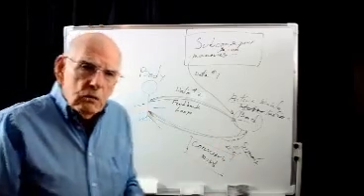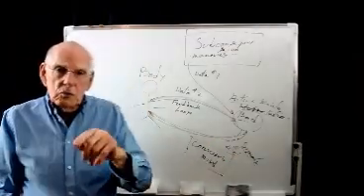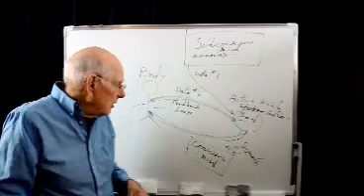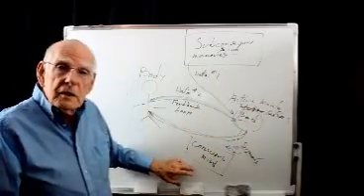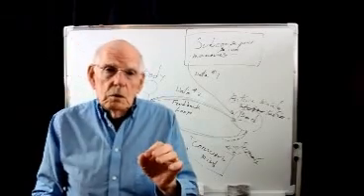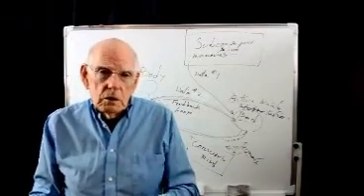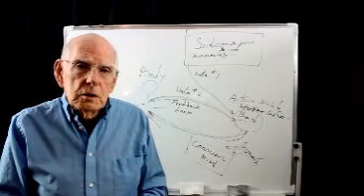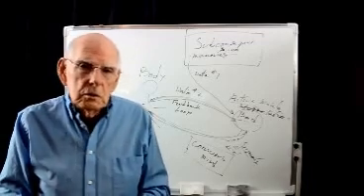Now we already know from other things that we talked about in the last video that the conscious mind operates at a maximum of 100 bits per second.